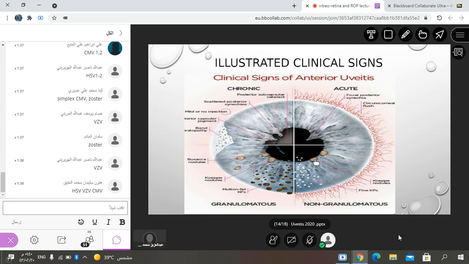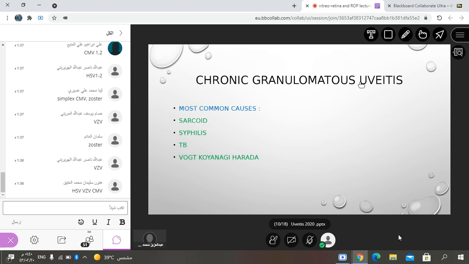And these are the nodules. The nodules are the signs of granulomatous inflammation. So if we see on examination a large collection of cells attached to the iris, to the periphery, or on the surface of the endothelium of the cornea, in this stage and in this scenario, we label it as granulomatous inflammation.